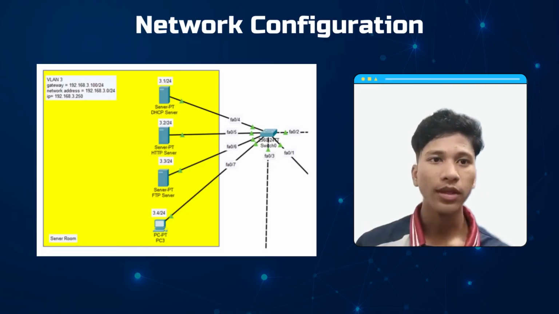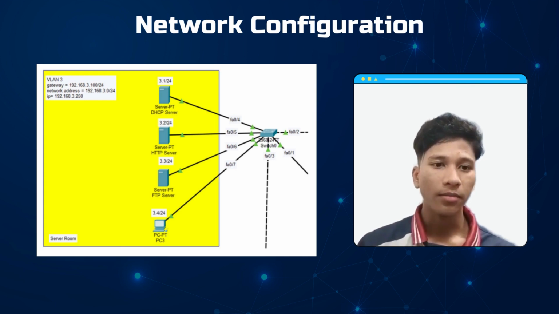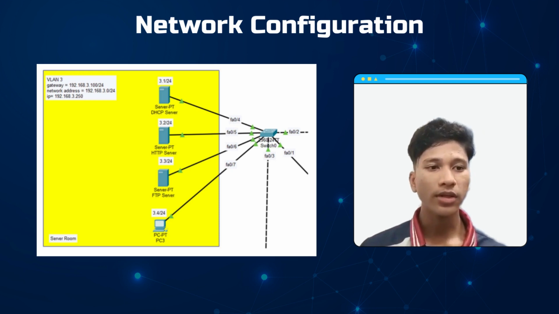For figure 2, it shows the network configuration of the server room at the company. By referring to figure 2, the server room is using VLAN 3, which consists of 3 servers, which are DHCP server, HTTP server, and FTP server respectively. The server room also includes a single PC named PC3.